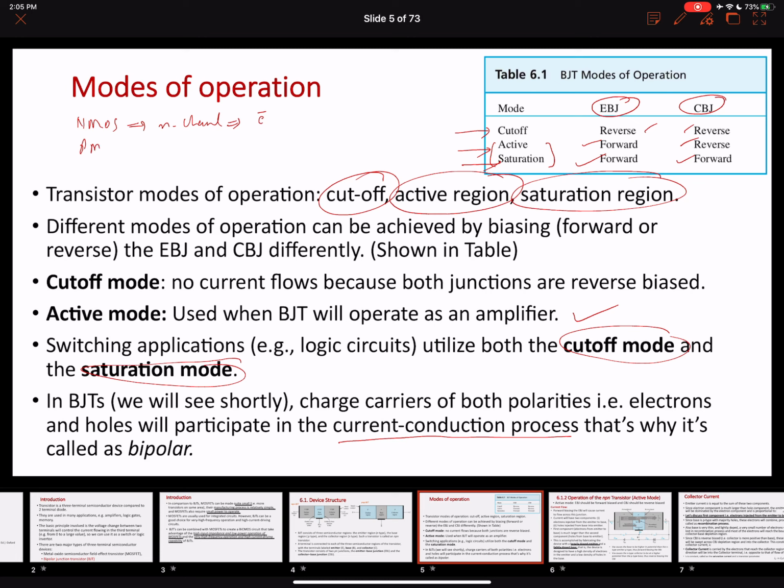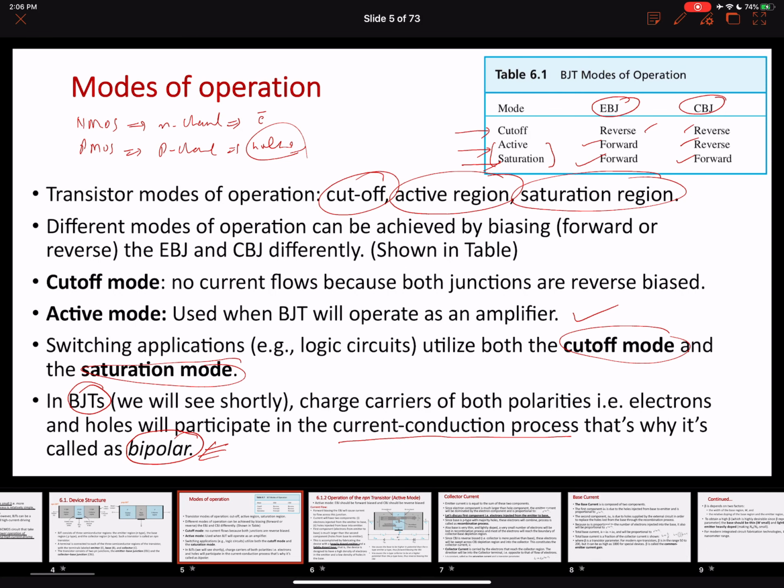For a PMOS, we induce a P channel, and holes are involved in the current conduction process. We will realize that in a bipolar junction transistor, whether it is an NPN or a PNP transistor, both electrons and holes participate in the current conduction process. This is the reason it is known as a bipolar junction transistor.